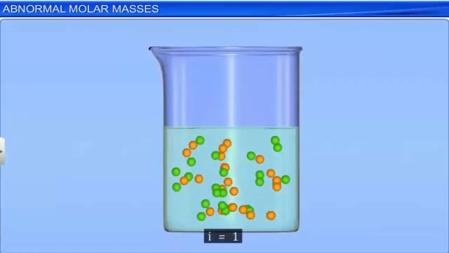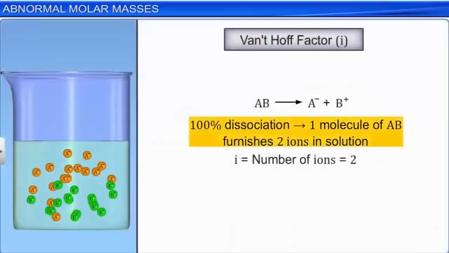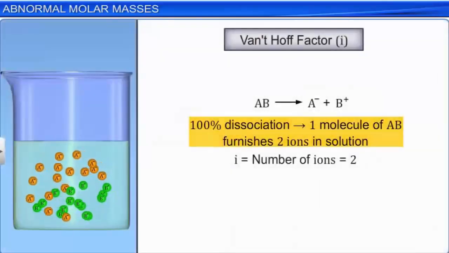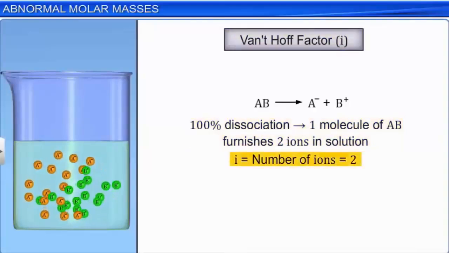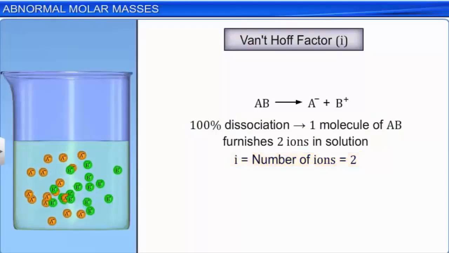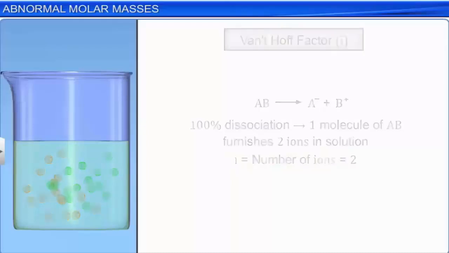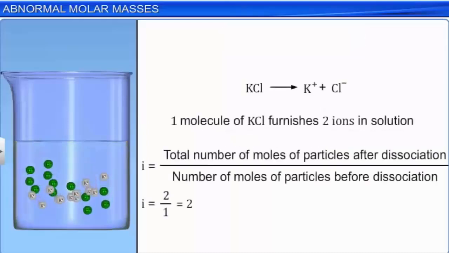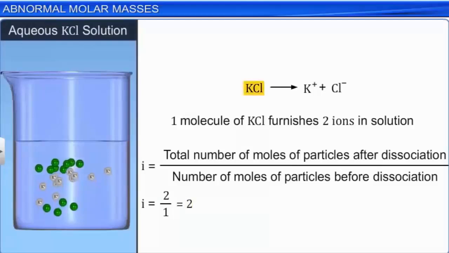If a solute undergoes 100% dissociation, then van 't Hoff's factor is equal to the number of ions produced from one molecule of the solute. For example, the value of i is 2 for aqueous KCl. This signifies that KCl has dissociated completely into potassium and chloride ions.